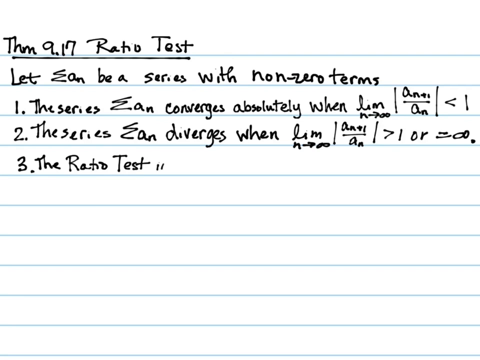The ratio test is inconclusive when the limit as n goes to infinity of a sub n plus 1 over a sub n is actually equal to 1.